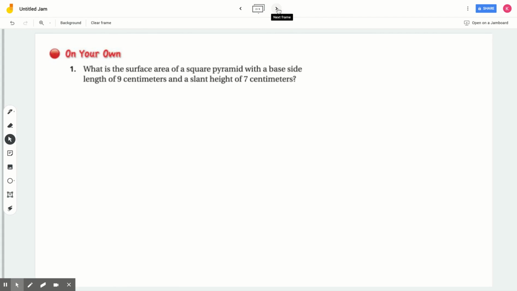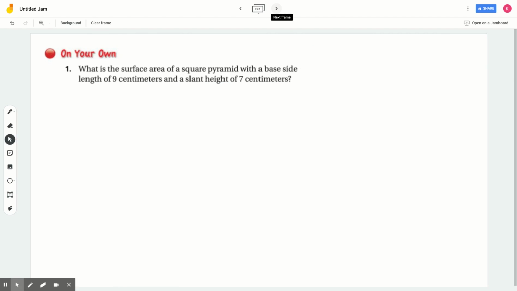So as we take a look at a few of those, it says, what is the surface area of a square pyramid with a base side length of 9 and a slant height of 7? So when it's talking about a square pyramid, that is telling us that the base of the pyramid is a square. The side lengths are 9.